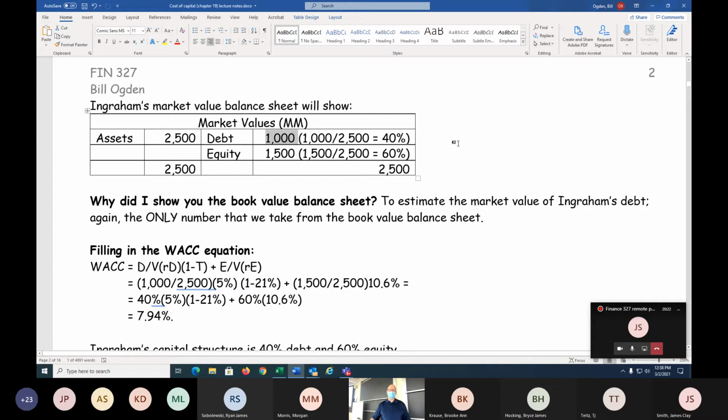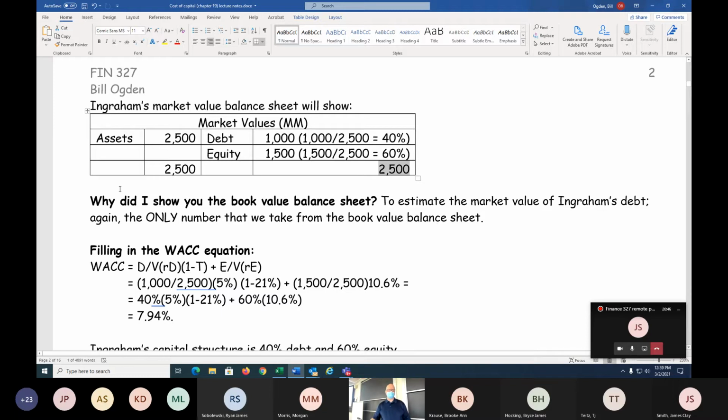We see that 1,000 of the total 2,500 or 40% is debt. 1,500 of the 2,500 is equity. That's 60%, isn't it? Giving me a total market value of the company, debt and equity, of 2,500.